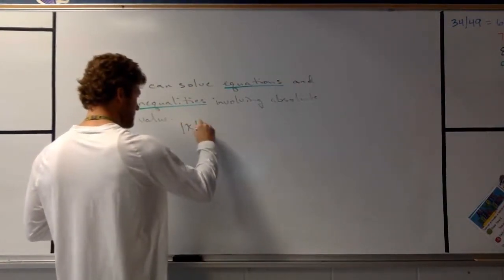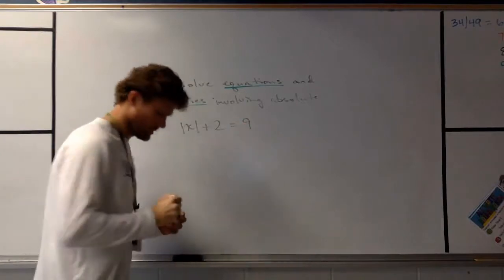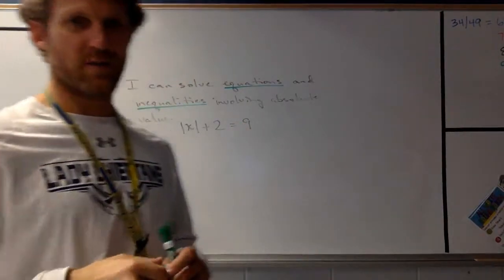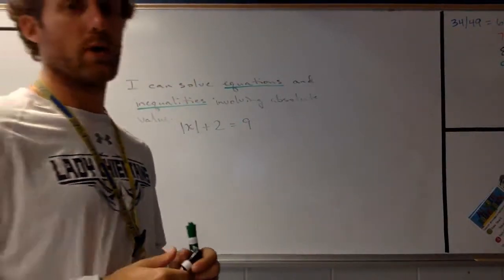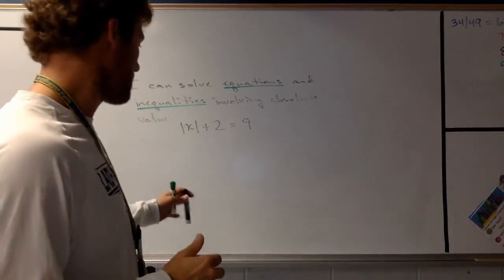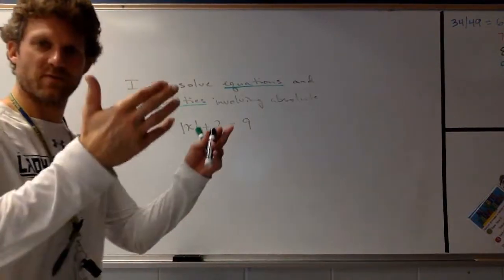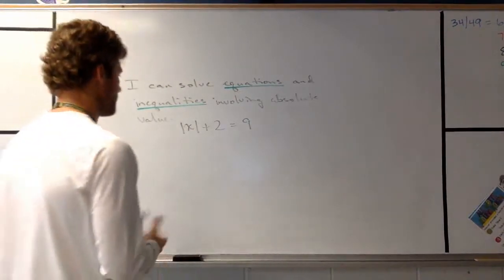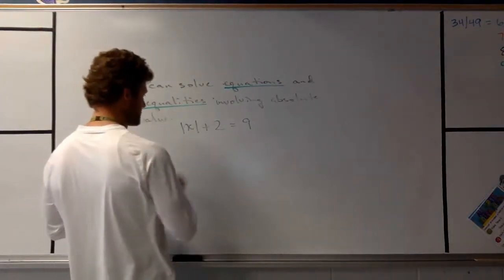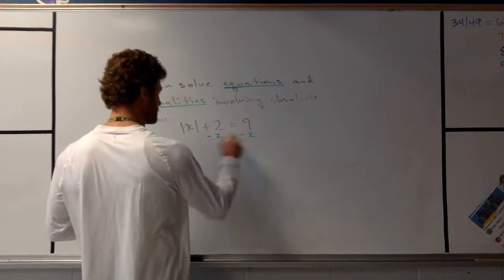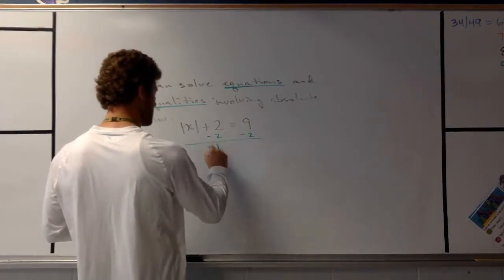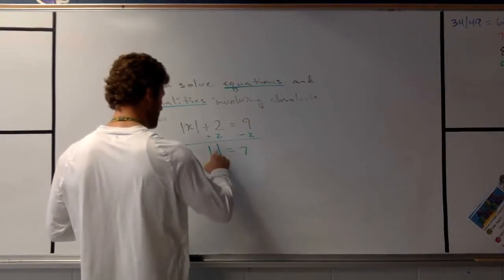So the absolute value of x plus 2 equals 9. I'm actually going to solve this just like I would a similar equation if the absolute value bars were not there. So very simple. There's addition, which means I should be subtracting 2 from both sides. I do that, I get the absolute value of x equals 7.